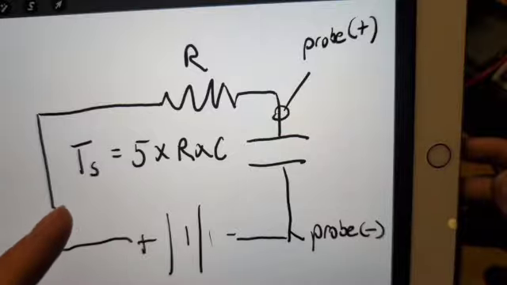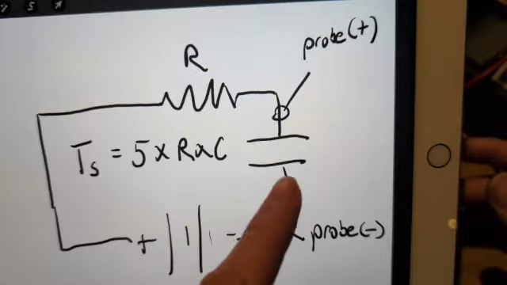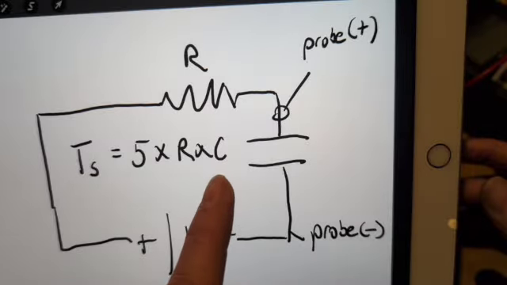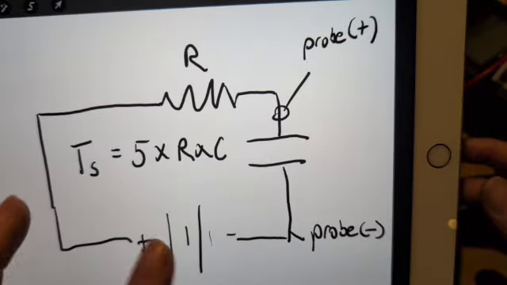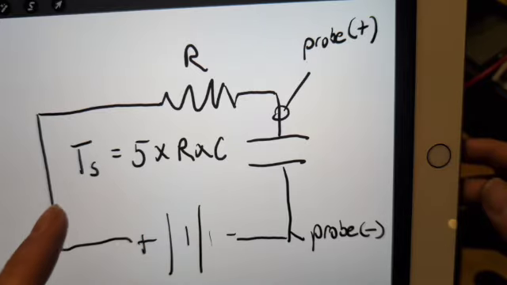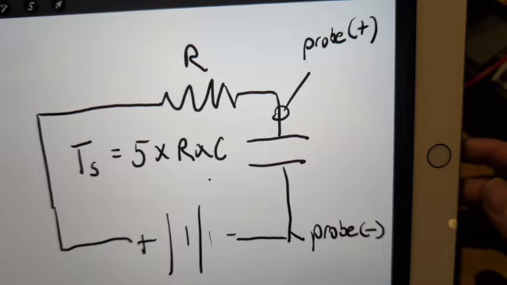The amount of time it takes to charge a capacitor is 5 times the resistance times the capacitance. So if this is true, then even if I don't know what the capacitance is, as long as I know the two other variables in this equation, which is the resistance and the time, then I know how I can solve for how large the capacitance is on the circuit.